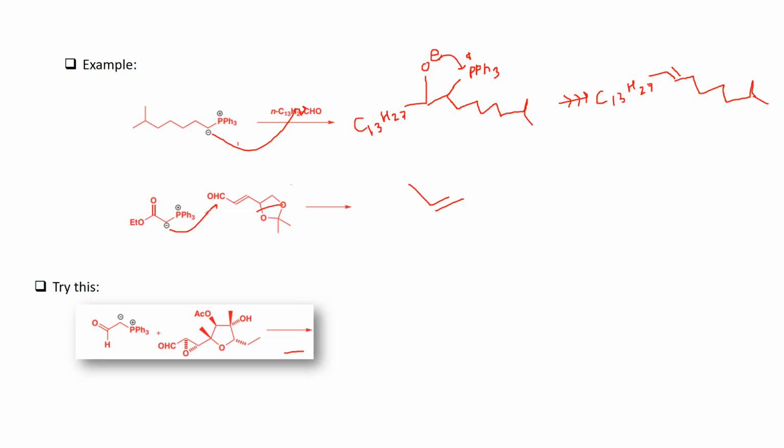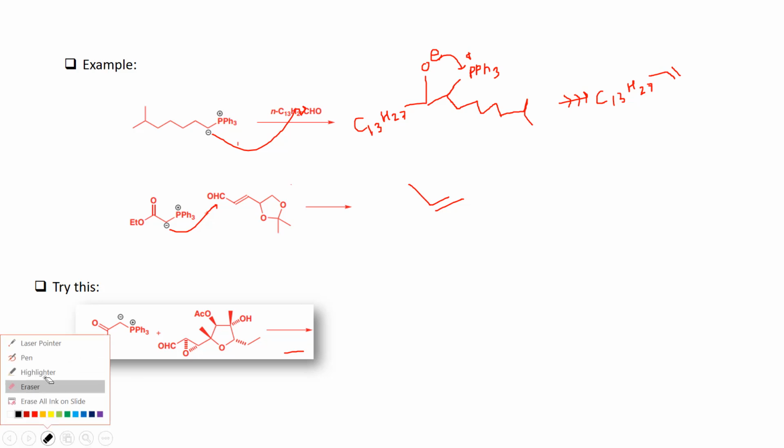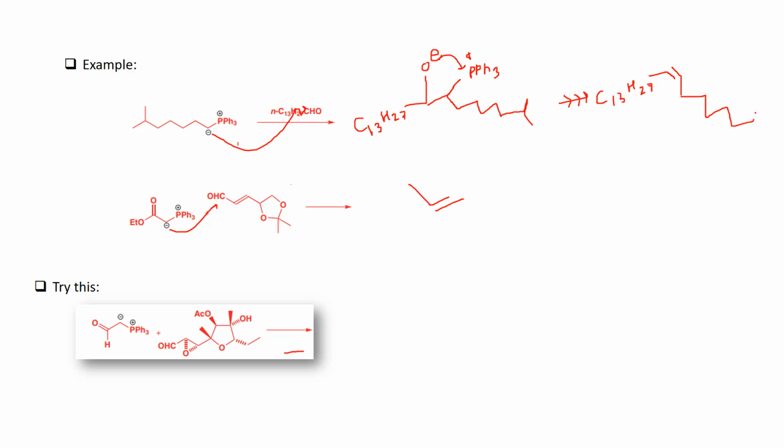Sorry, this is a phosphonium ylide. So as I said, whenever this is a non-stabilized ylide, it will always form a Z alkene. So it will form a Z alkene.